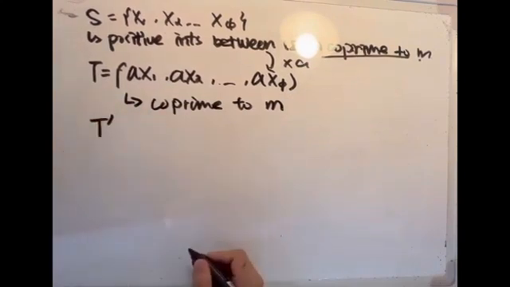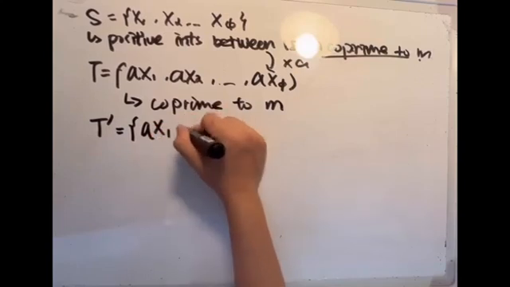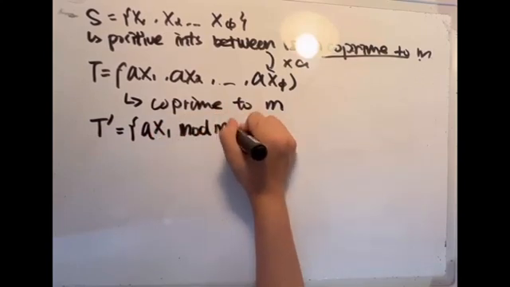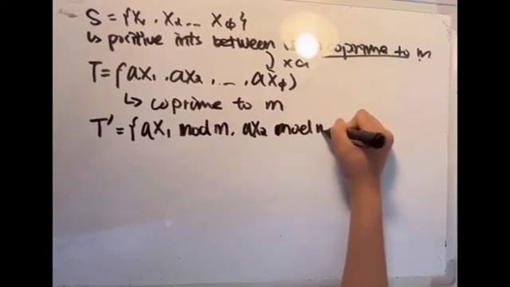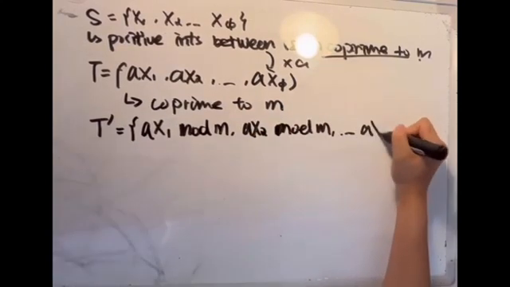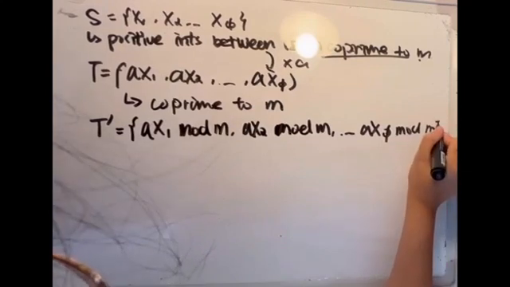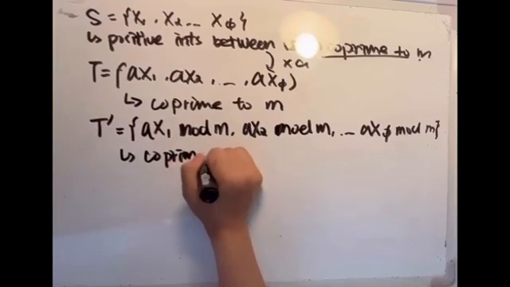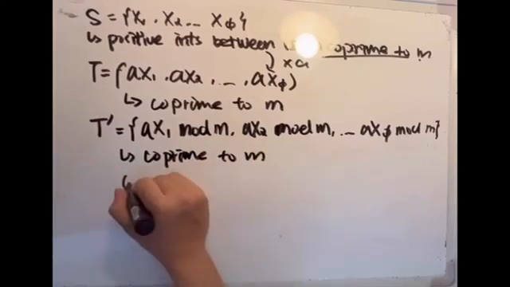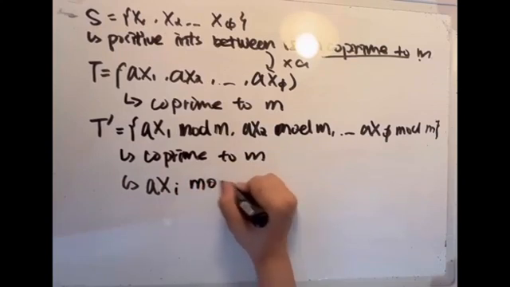We get the numbers in T prime by taking the elements in T and reducing them mod m. So it's ax1 mod m, ax2 mod m, and so on, up to ax phi mod m. Note that all the numbers in this set must also be relatively prime to m, since reducing a number that's co-prime to m mod m will result in a number co-prime to m. Another property of this set is that all the numbers are between 0 and m, not including m, since any numbers greater than or equal to m can be further reduced.